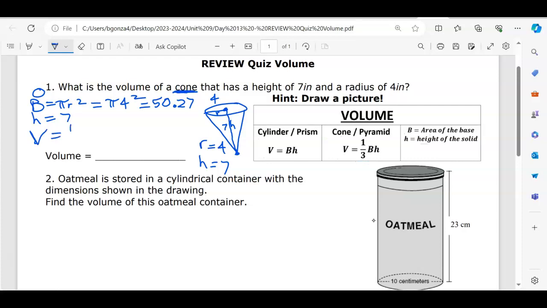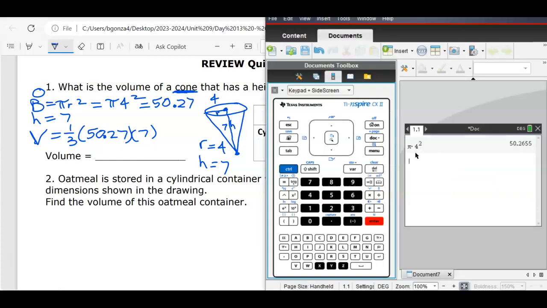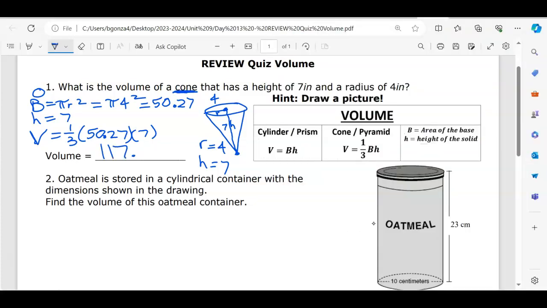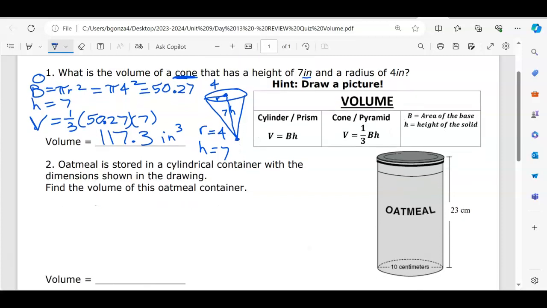So volume is 1/3 times 50.27 times 7. We get 117.297, which rounds to 117.3. My units of measure are inches, and it has to be cubed because we're talking about volume. Volume is 3D, right?